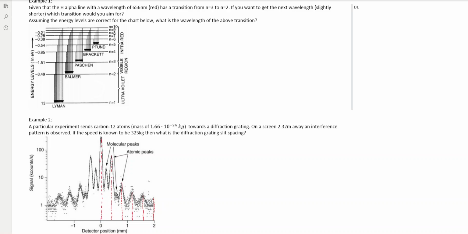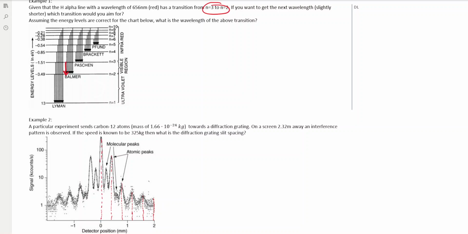If you're going for red, that means it's a pretty long wavelength, but it's visible. Long, but still visible. You can see here, this is the visible spectrum. That's going from 3 to 2, so it's going from here to here. That is our red transition, the H alpha line.